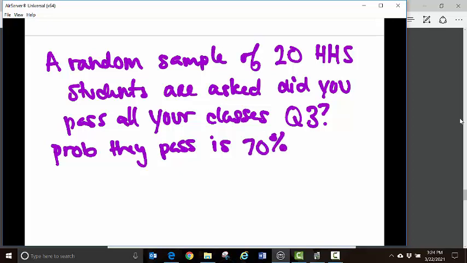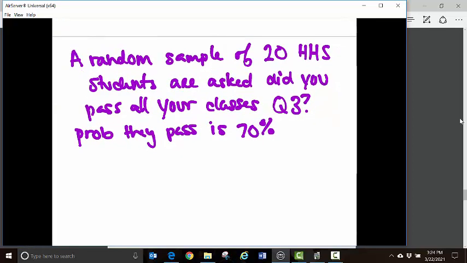Okay. Is this a binomial? Well, remember, we're checking bins. So B, is it yes or no? Success or failure? B stands for binary. Is it a binary question? Yes or no? Did you pass all your classes or not? I, independent.